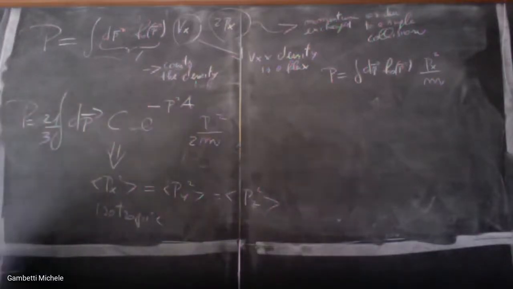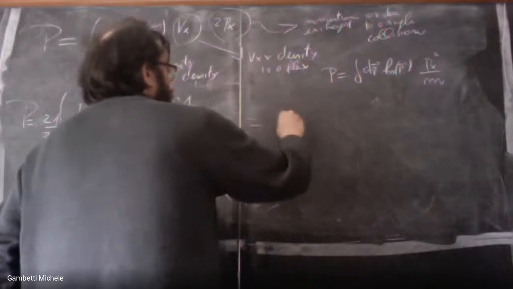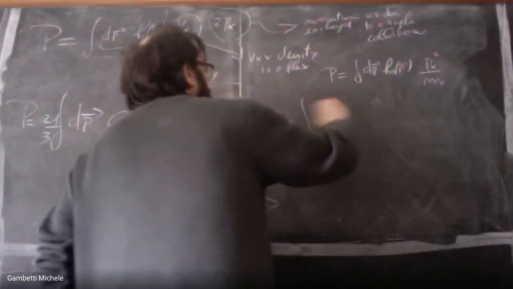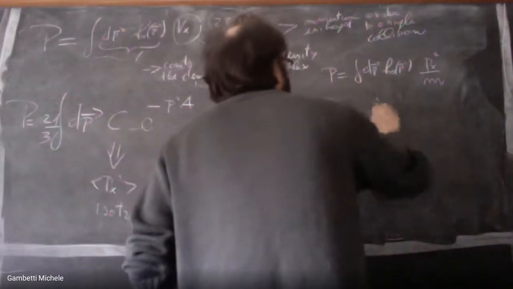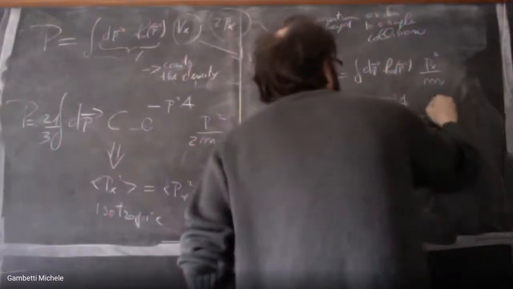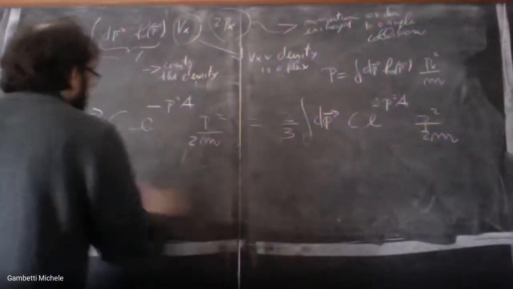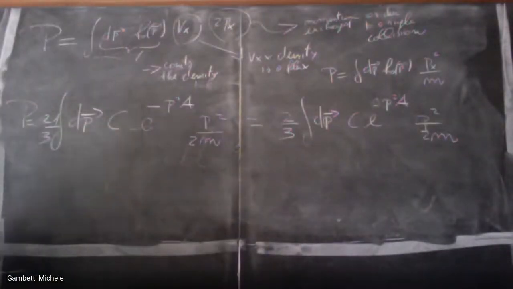Sorry, but I have to use the trick of the blackboard. And finally, again, the pressure is this expression. So it's 2/3 times the integral over dp, then I have C e to the minus p squared A times p squared divided by 2m.